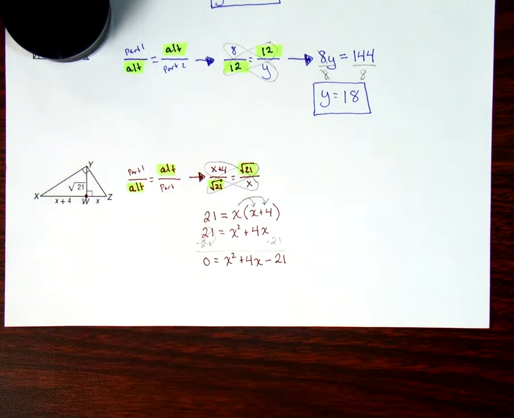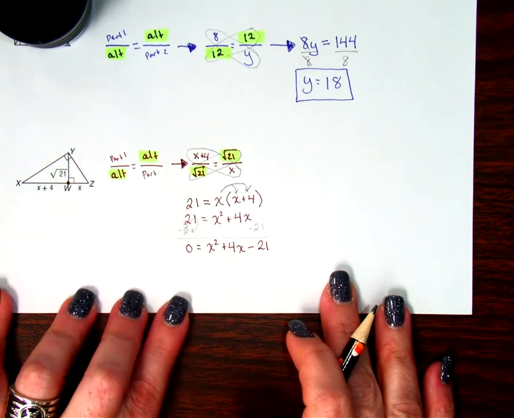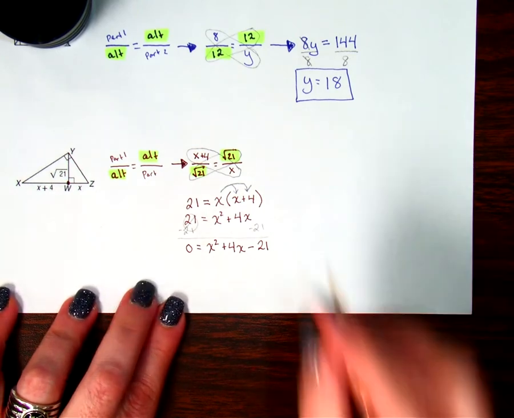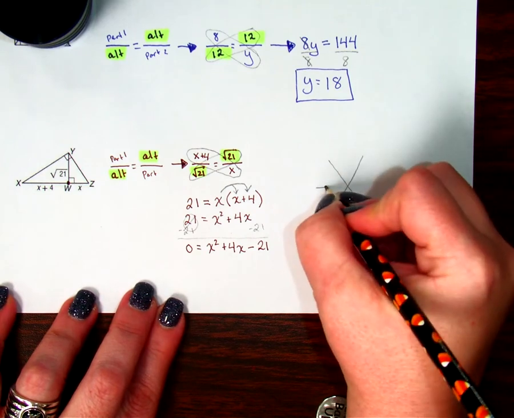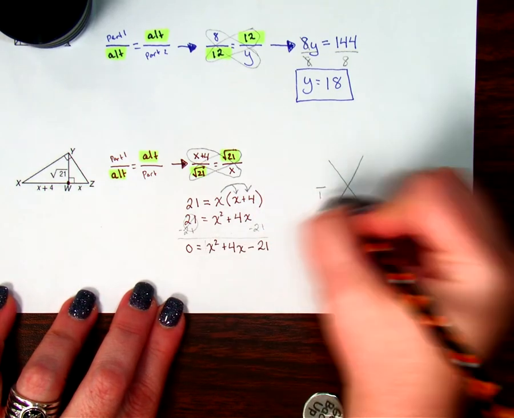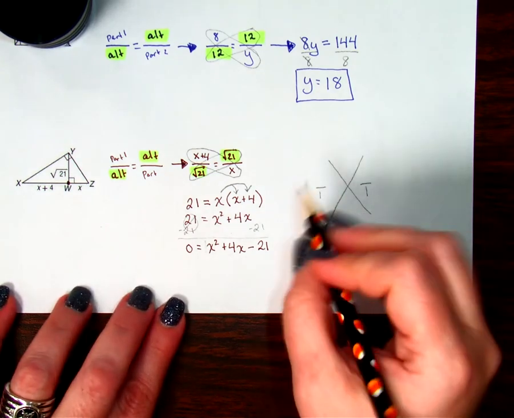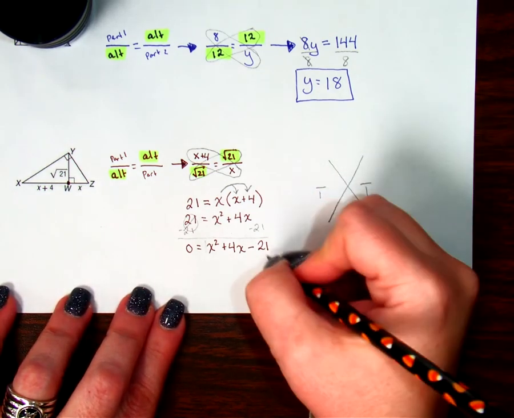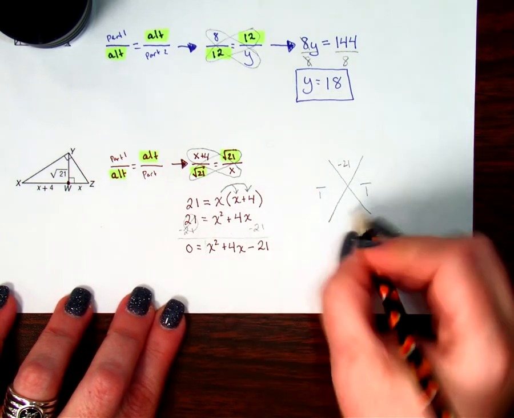Okay, when we factor, we had a couple of methods that we learned in algebraic reasoning, or definitely in Algebra 2. One of them was our x method, okay, where you take your a value, which is 1, and put it under your fraction bar each there. And then you take this negative 21 times that 1, and then you take the 4.